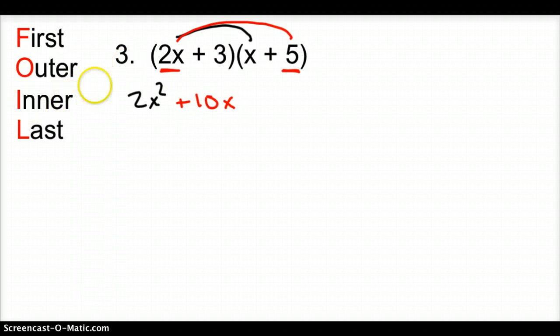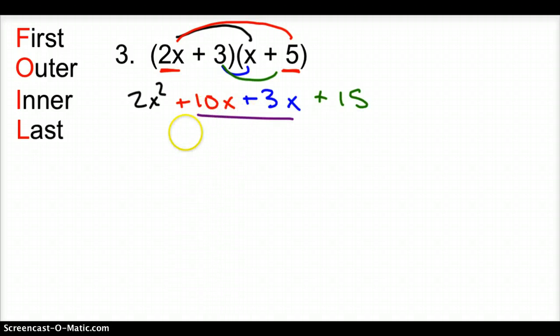Now we take the inner terms, which is the innermost of the parentheses, so it's plus 3x, and then we take the last terms in both binomials, so it's going to be plus 15. Again, we do have to simplify, so it's 2x squared. We add the like terms together to get plus 13x plus 15 for our final answer.